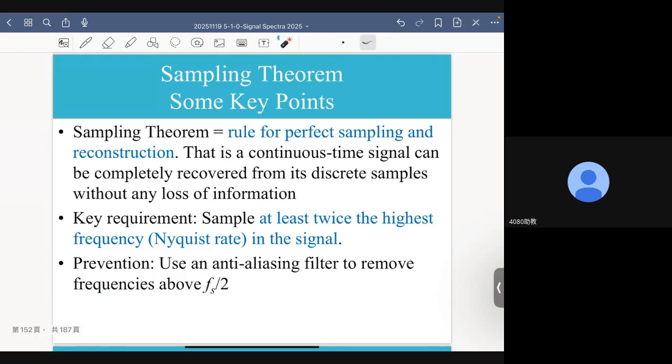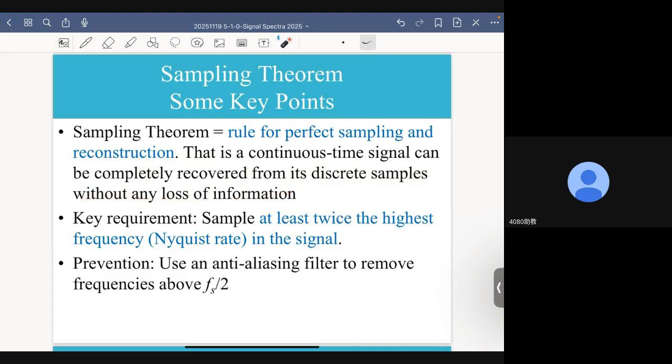In order to guarantee the fidelity of the signal, in order to make sure that no information is lost during the sampling process, we need to make sure that the continuous time signal can be faithfully and completely recovered from its discrete time counterpart, from its digital records, without any loss of information.